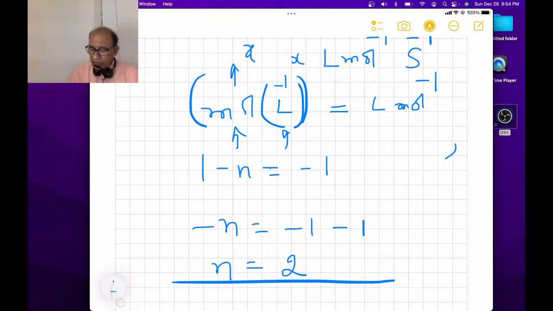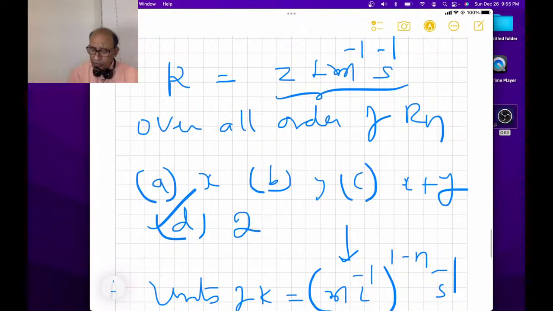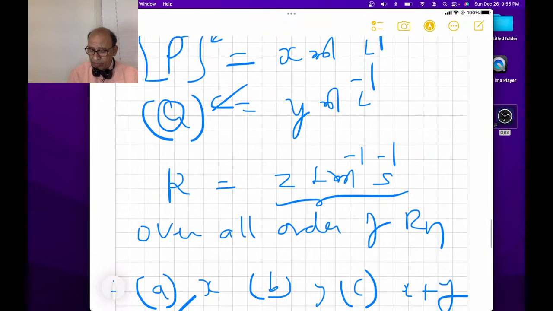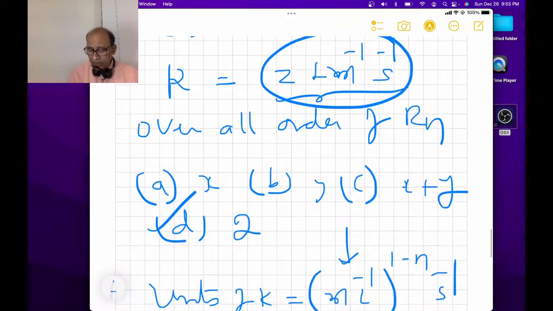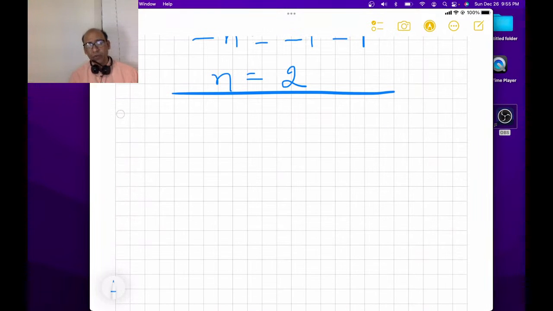Therefore, the units of rate constant clearly indicate that the overall order of reaction is 2. But individual orders with respect to reactant P and reactant Q, really we don't know. Overall order is 2. That is inferred from the units of K. Can we clearly see it, sir? So this is one kind of question.